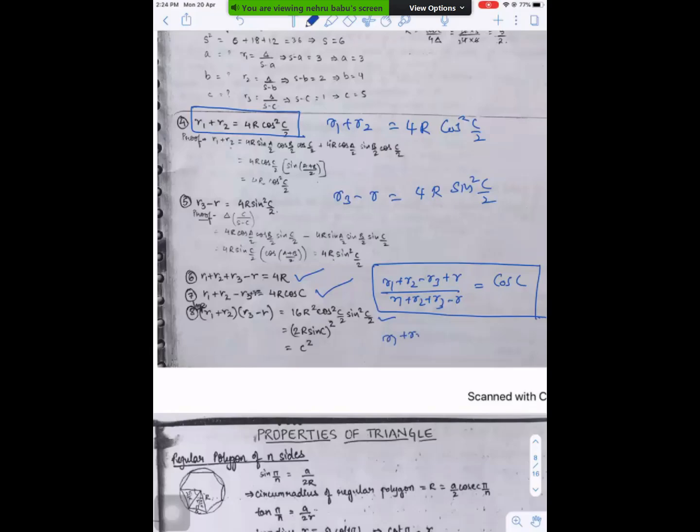So R1 plus R2 into R3 minus R is C square. If you want A square, obviously by symmetry, R3 plus R2 into R1 minus R gives A square. Similarly, R2 minus R term gives B square. Okay, this is one important result.